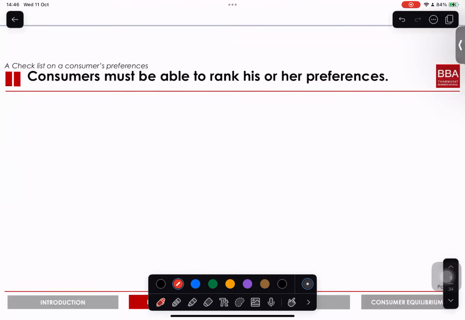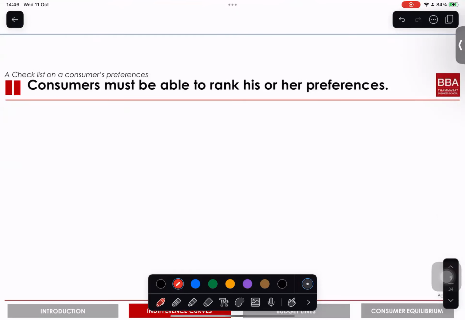Now, indifference curve. We have a checklist that we require the guy whose behavior we want to observe to fulfill, to make sure that we are not talking with insane people.